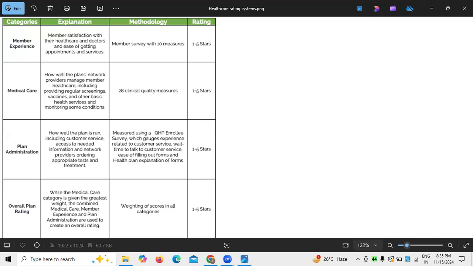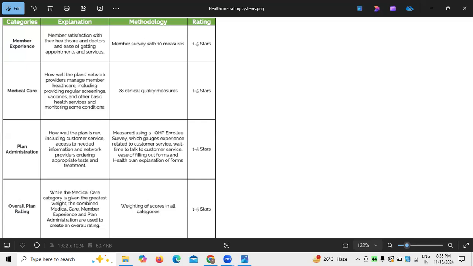Normally, when it comes to the methodology, we use a weightage of scores across all the categories, because we need to manage all the different categories. This is what we do as far as the overall plan rating is concerned. Further, a 1 to 5 star rating will be given.